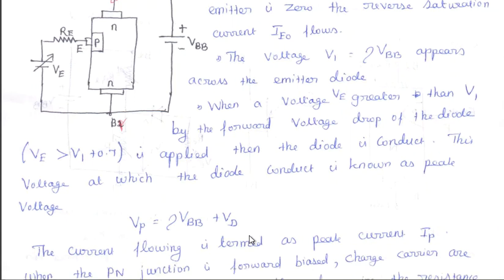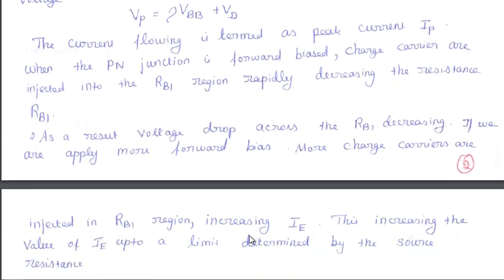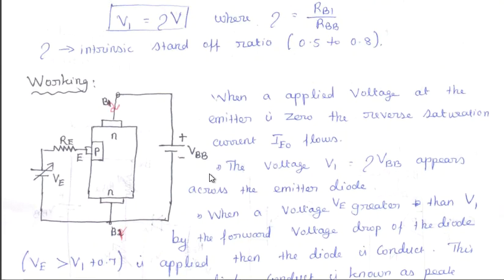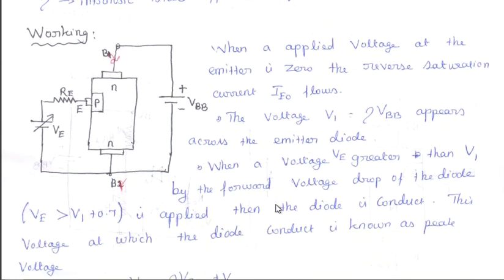For this case, we calculate the voltage VP equal to VA plus VD. The voltage VA is replaced as eta into VBB, plus VD. So when VE becomes equal to or greater than VP, the PN junction becomes forward biased and the current IE flows. Due to this, charge carriers are injected into the RB1 region of the bar.